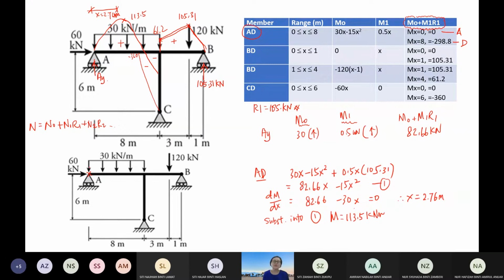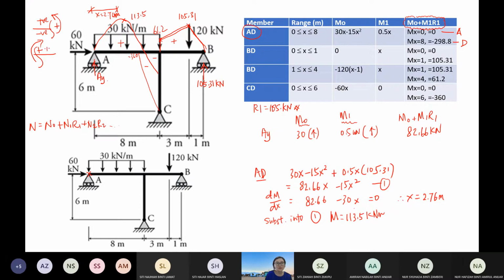If you still remember, we cut a section and assumed the internal moments to act at the positive sign. If we consider the left part, this is the positive sign. If we consider the right part, this is the positive sign. This positive sign means that whenever you get the moments, you plot at the top part of these elements for positive, and at the bottom for negative.